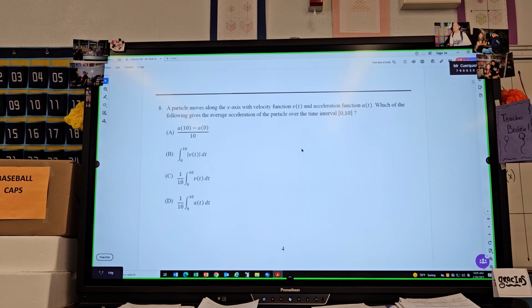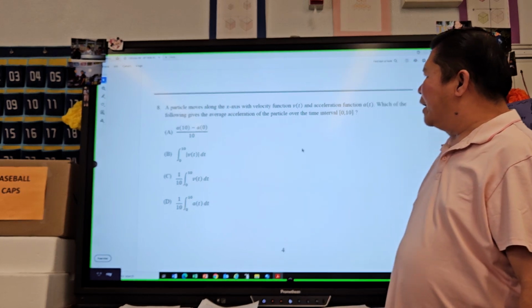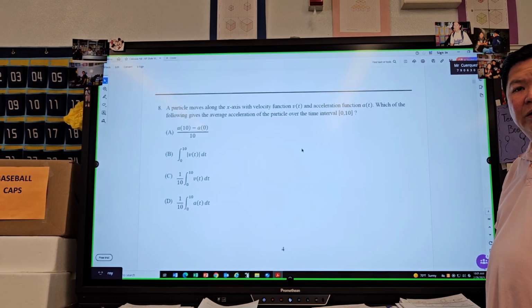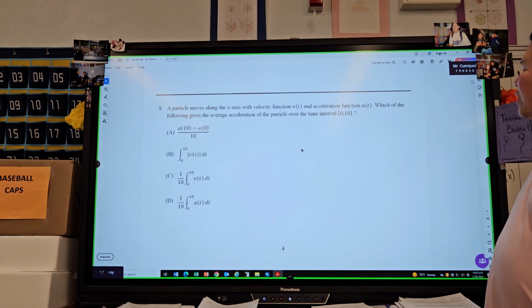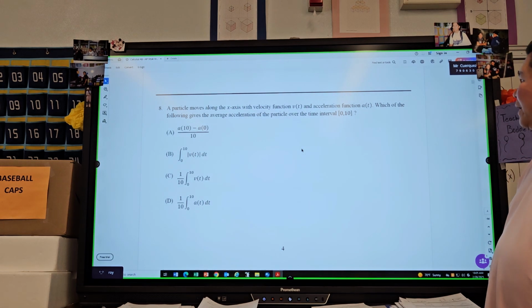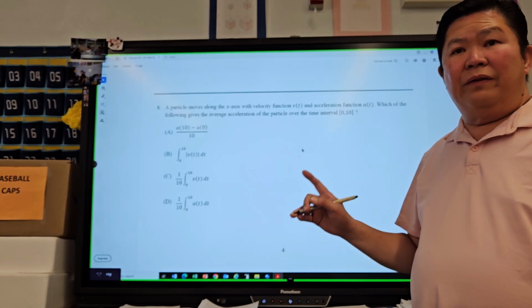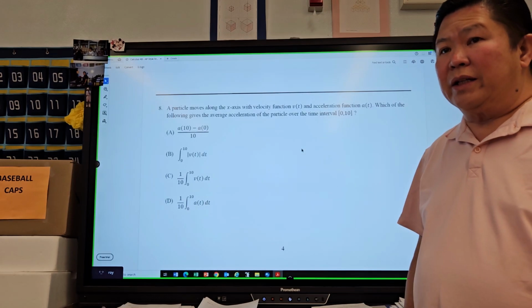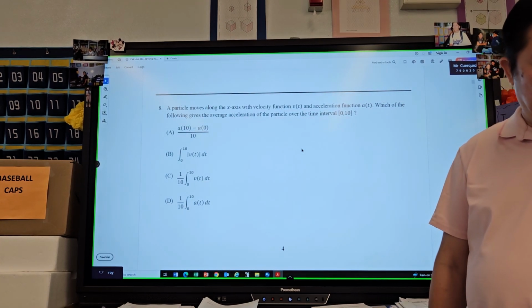Okay, let's have number 8. A particle moves along the x-axis with velocity function v(t) and acceleration function a(t). Which of the following gives the average acceleration? So average acceleration, guys. When we say average, what is in our mind?